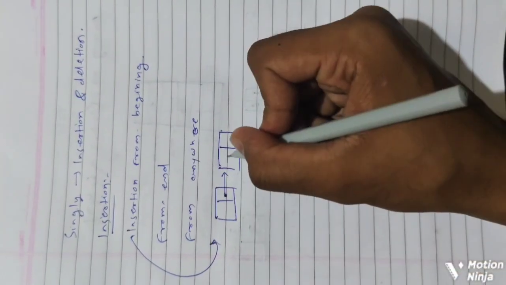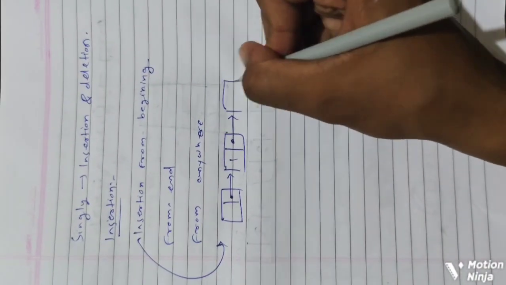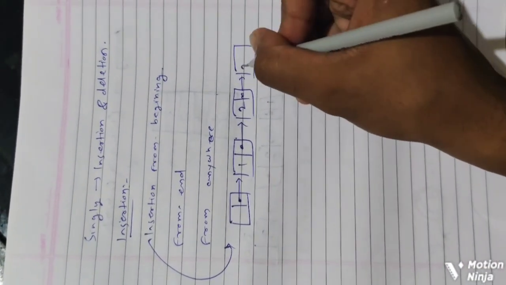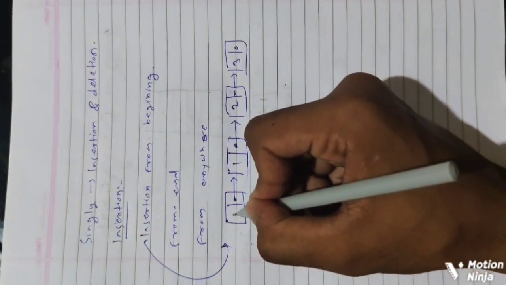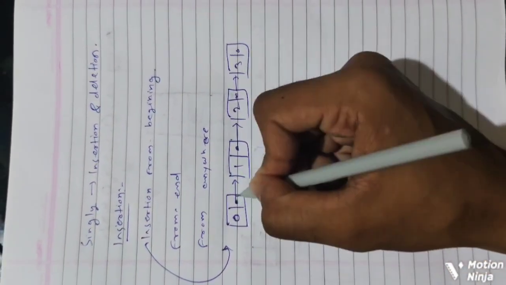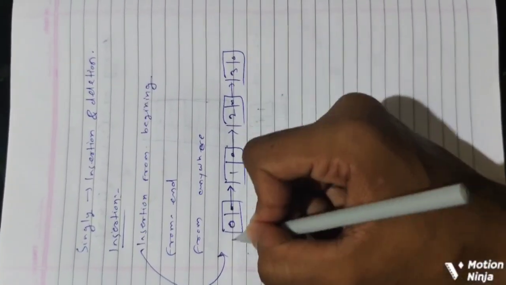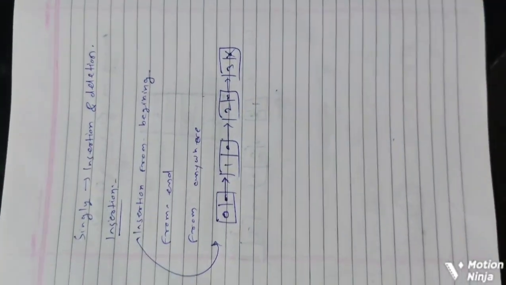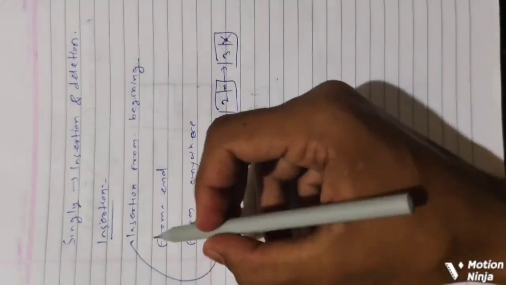For example, if we have a previous linked list of 1 2 and 3, and we have to insert 0, we take 0 and point its pointer to the header, which is the node 1, and keep the rest of the list the same as before. So this is how we insert from the beginning in a singly linked list.